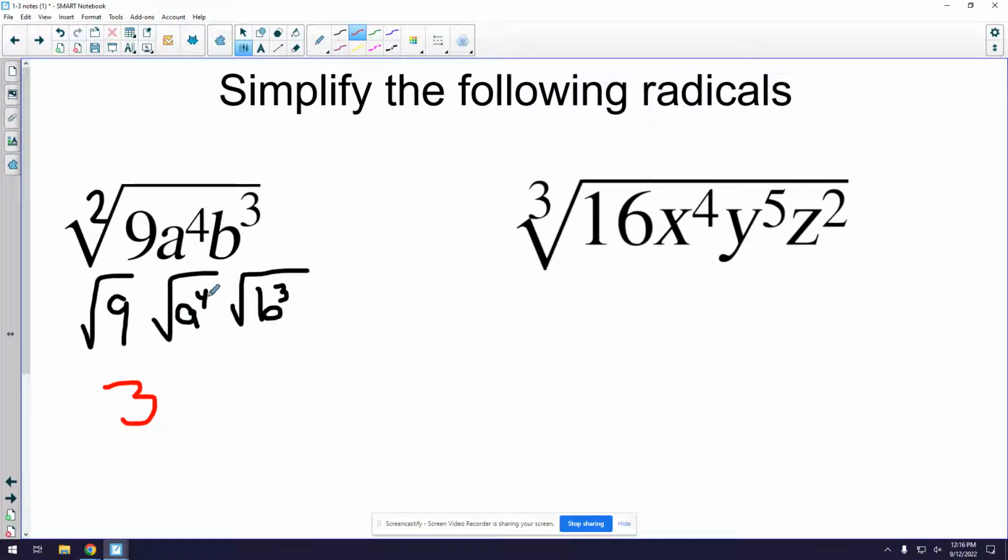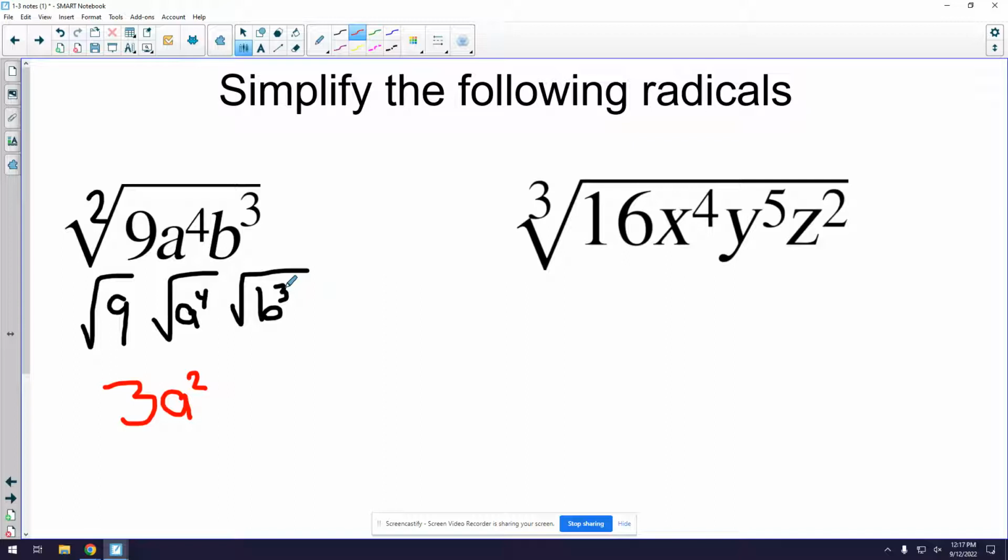The square root of a to the 4th, well, you have 4, and you're going to divide by 2. That gives you 2. So that means outside of the root, you're going to have a squared. And how many are left? None, because 4 divided by 2 is just 2. And then b to the 3rd, you're going to divide that by 2 also.